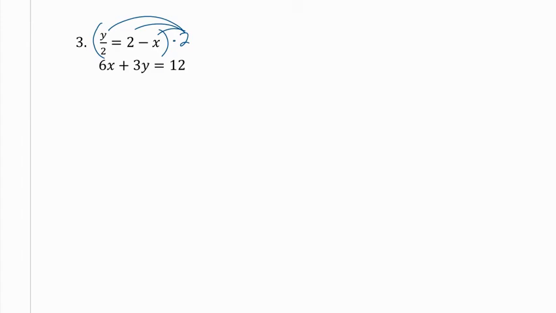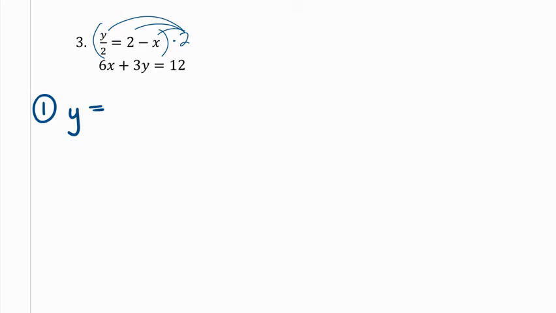And remember, the whole idea is we want one of our equations solved for one variable. If I get rid of this divided by 2, then it'll be solved for y. So step 1, I took that equation and multiplied it all by 2. 2 times y over 2, the 2's cancel and I'm just left with y.